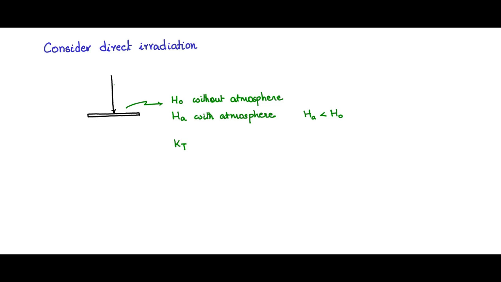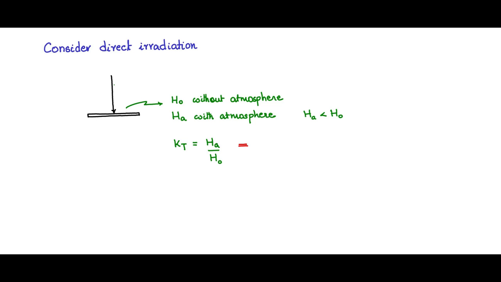Now let us define a term KT. KT is defined as HA, the energy collected on a flat plate collector with atmospheric effects, divided by H naught, the energy incident on the flat plate collector without atmosphere or the atmospheric effects.